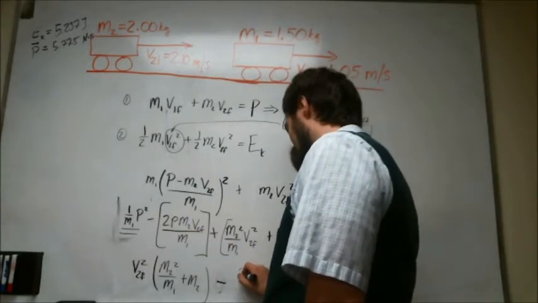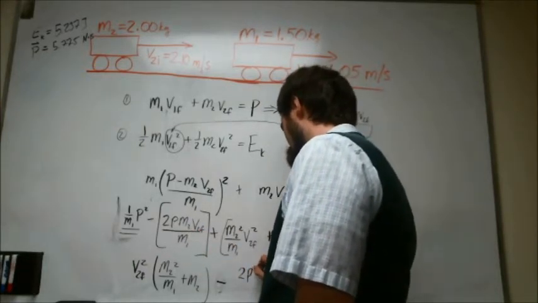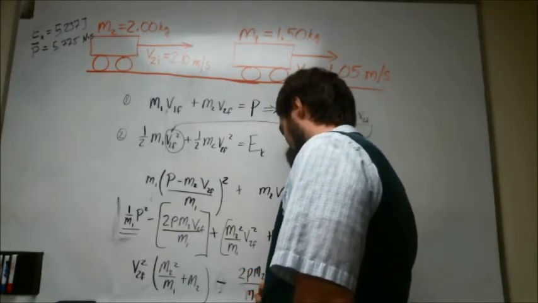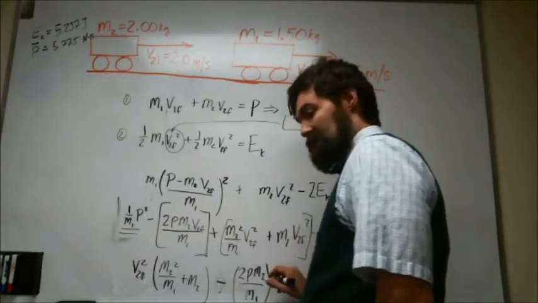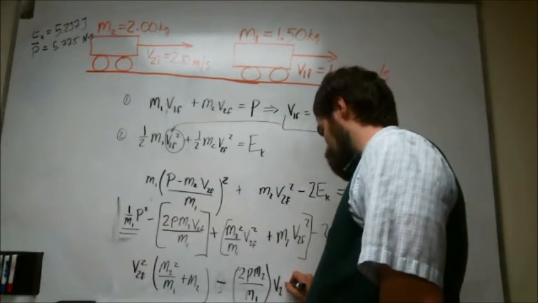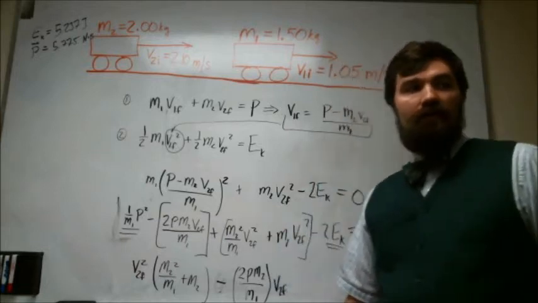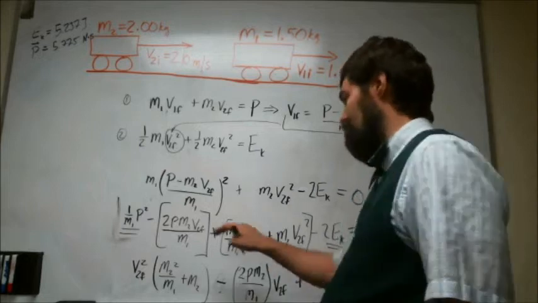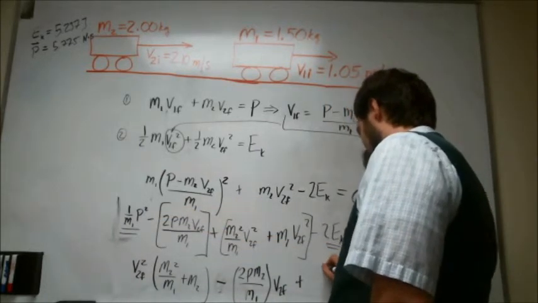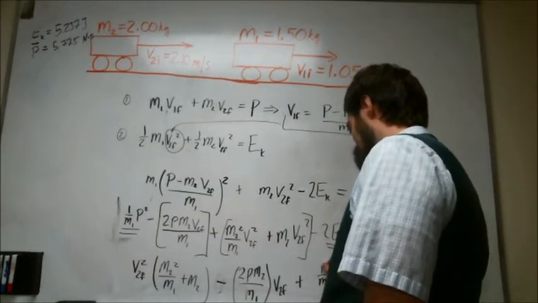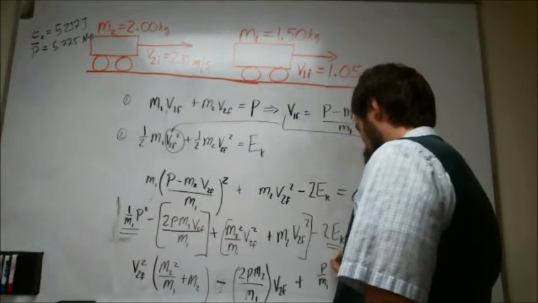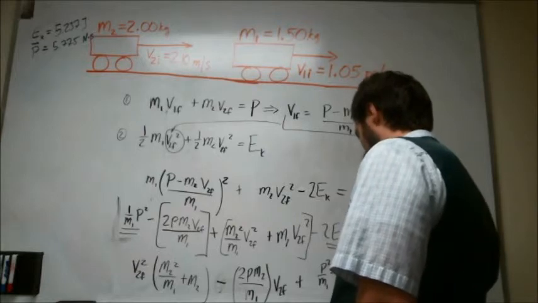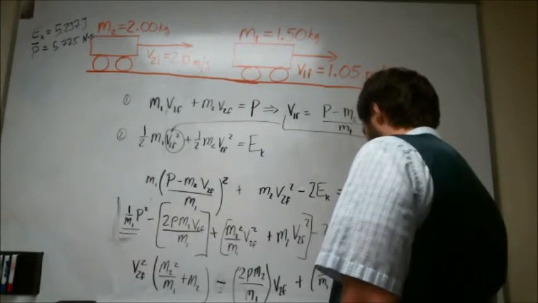So I have 2P M2 over M1 times V2F. So that's my second term, and then I need to get all the other terms together. So that's P squared over M1 minus 2 EK. So that's equal to 0.